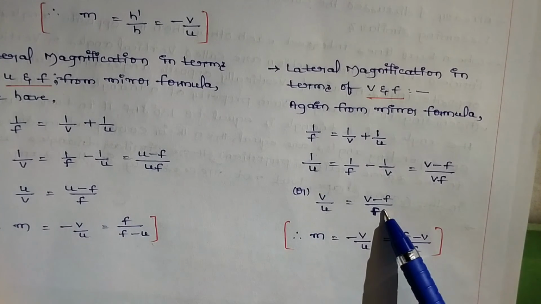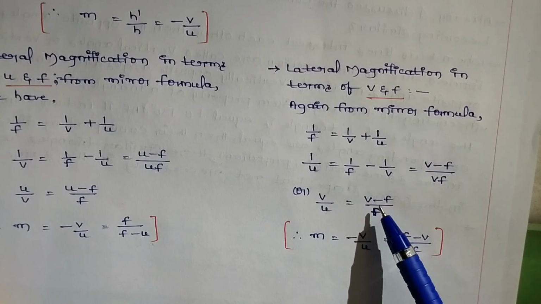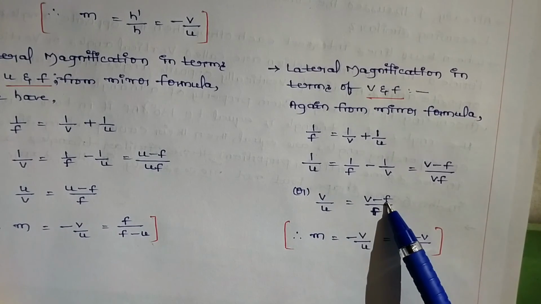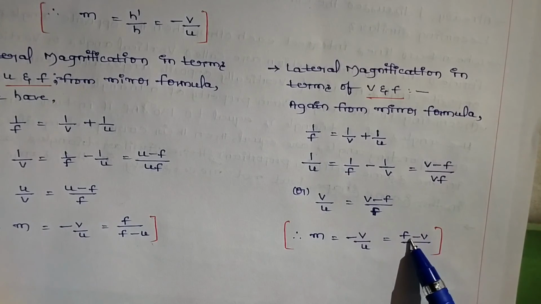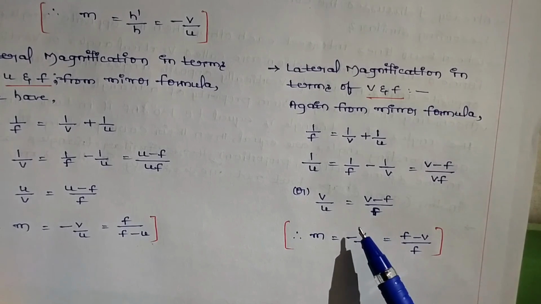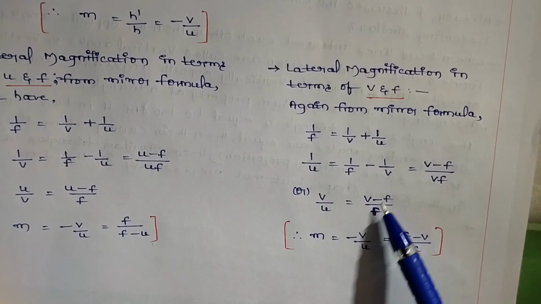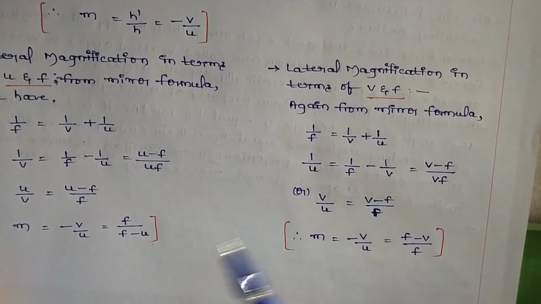If we multiply this with this minus, minus into minus is plus, so we get f minus v by f.